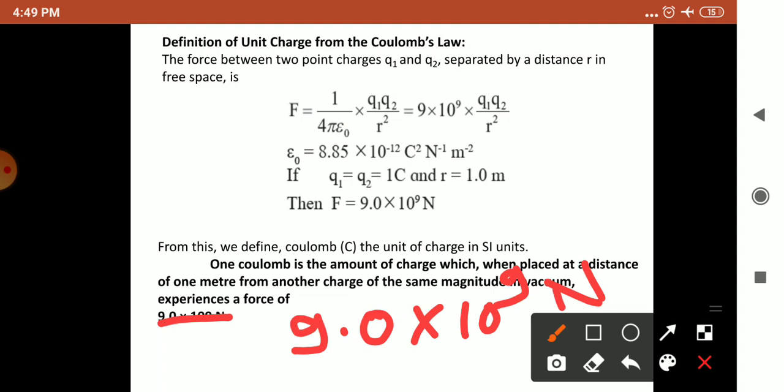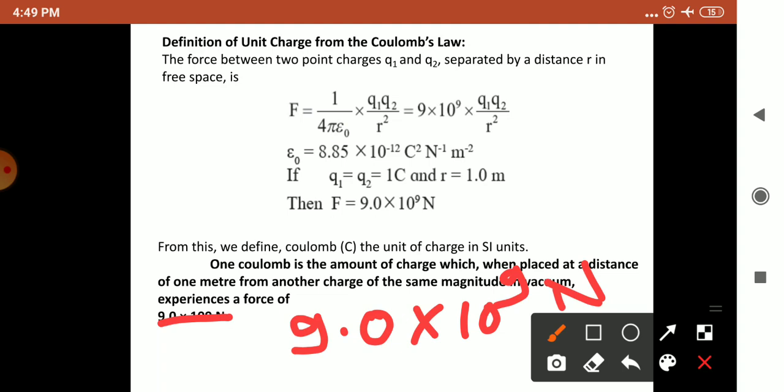So this force is a tremendously large force, which is hardly realizable in practical situations. So it is necessary to express the charge in smaller units for practical purposes. So subunits of the coulomb are used in electrostatics.